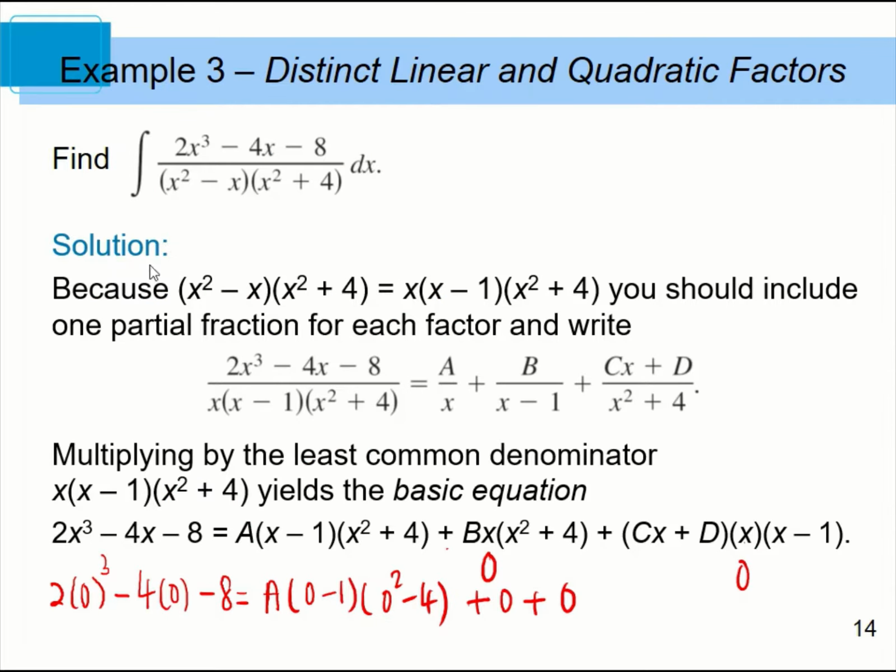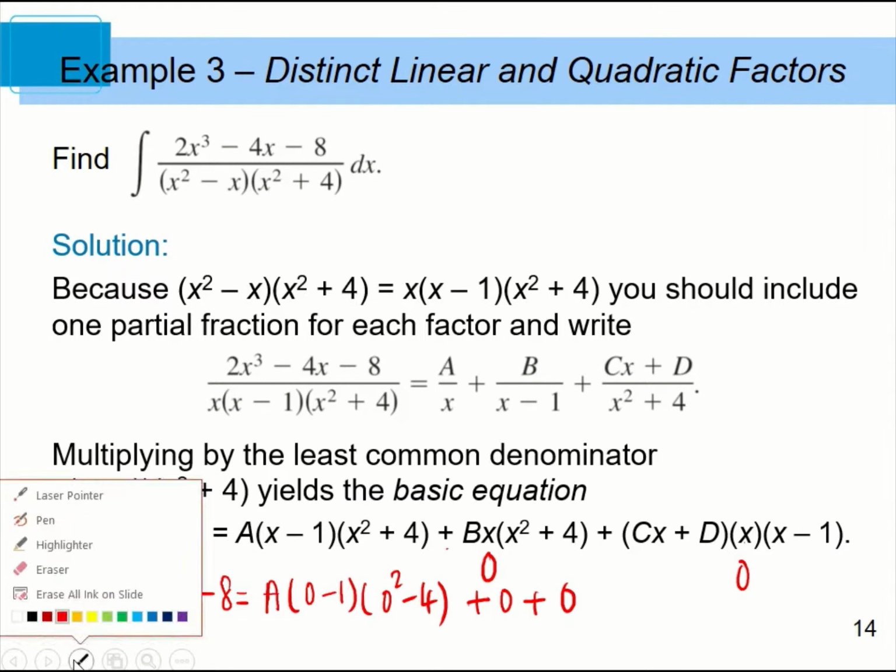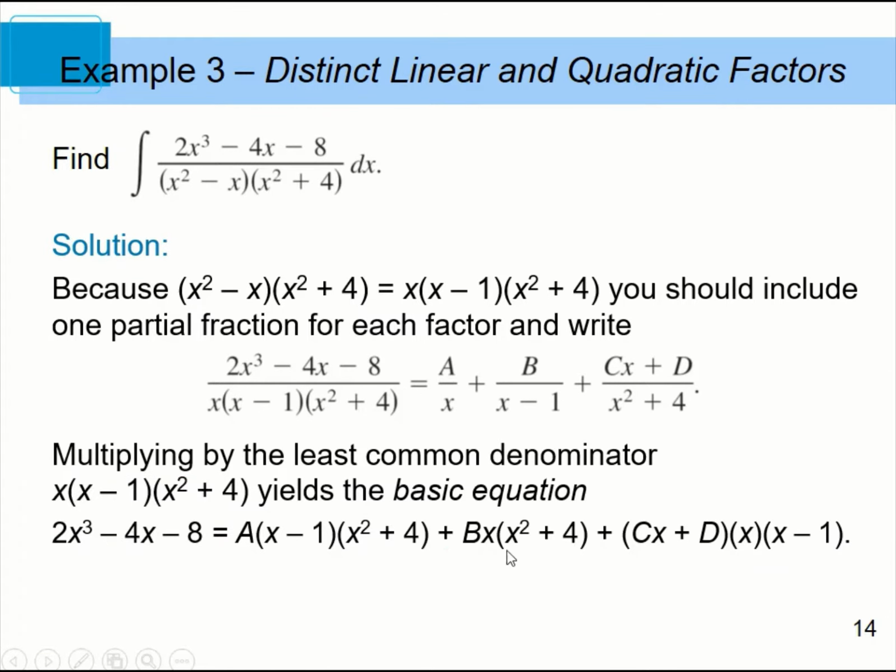Now, how do we solve for B? How do we find the B? To find the B, we want to eliminate the A, and we want to eliminate the C and D. So what can we do? We can let the x be 1. When we have 1 minus 1, we have 0 here and the first term becomes 0, and when we have 1 minus 1 here, we can eliminate the third term.